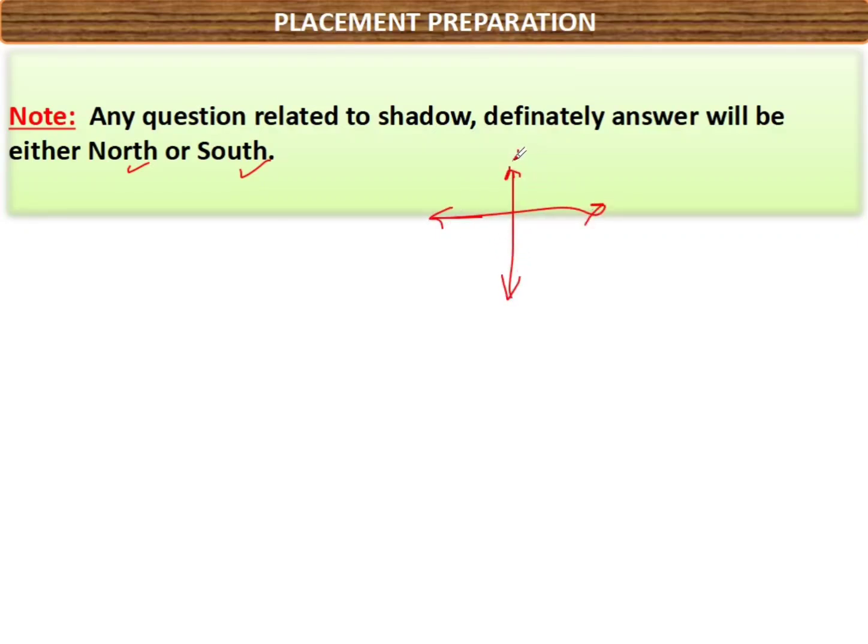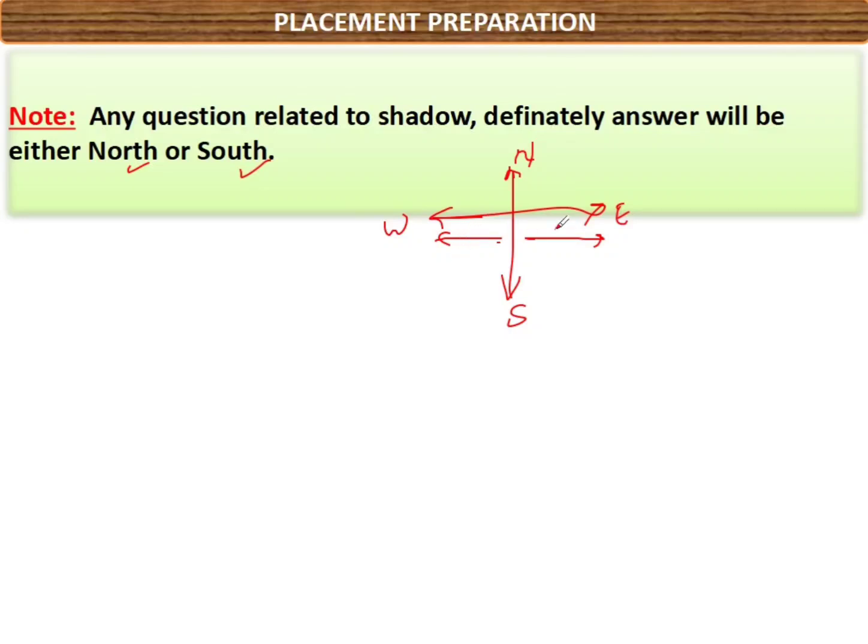This is north, south, west, east. When I am facing towards north, towards my right side east is there, towards my left side west is there. Morning time the shadow will be towards the west side, evening time the shadow will be towards the east side.